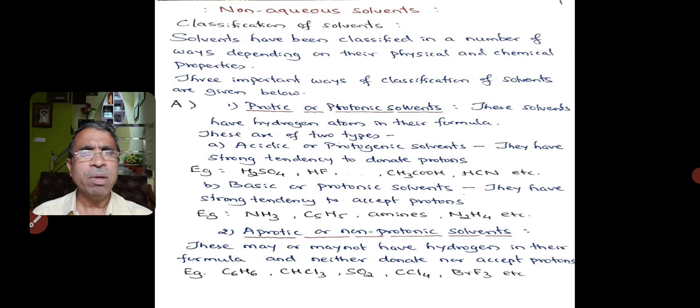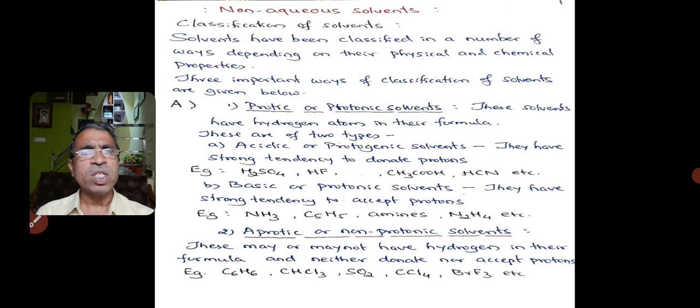Examples: ammonia, cyclopentane, amines, hydrazine, that is N2H4, etc. Coming to the second type, called aprotic or non-protonic solvents.